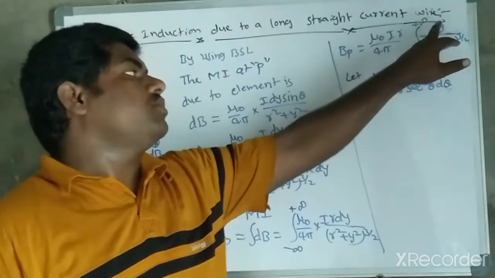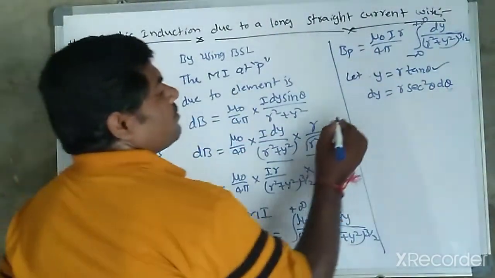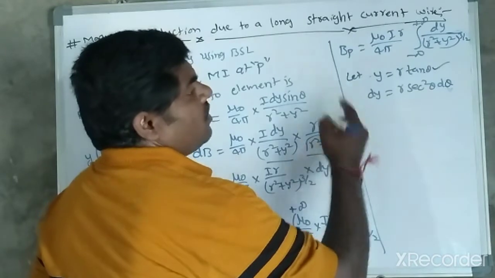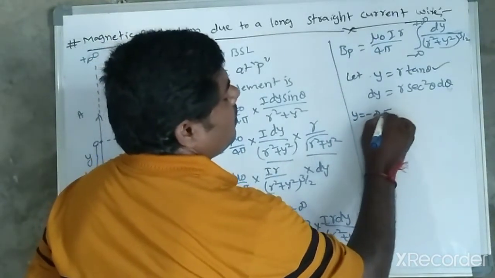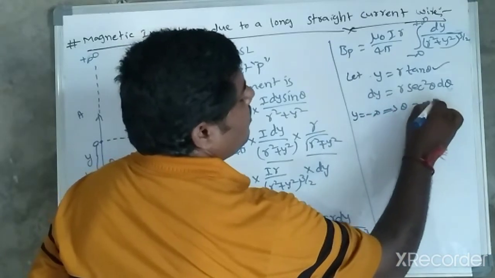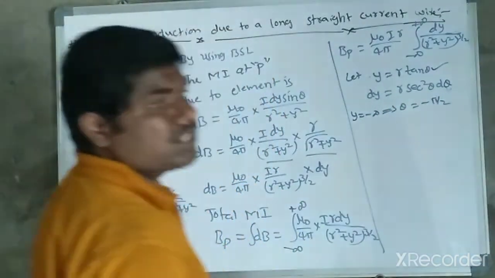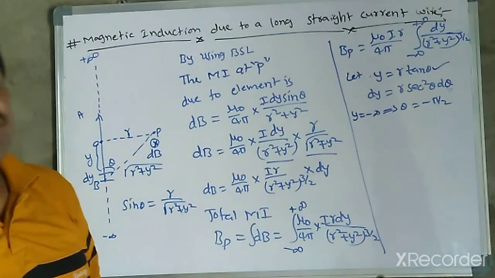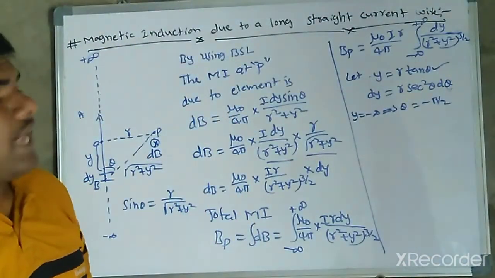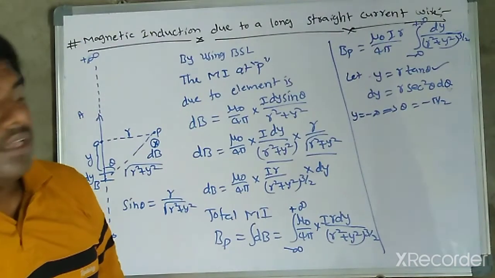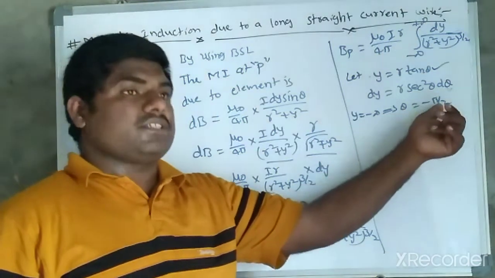Substitute these two values here, and the limits also change. Y equal to minus infinity means theta equal to minus pi by 2, because tan theta is infinity at 90 degrees according to the trigonometric table. So tan 90 is infinity, and minus infinity is nothing but minus 90.